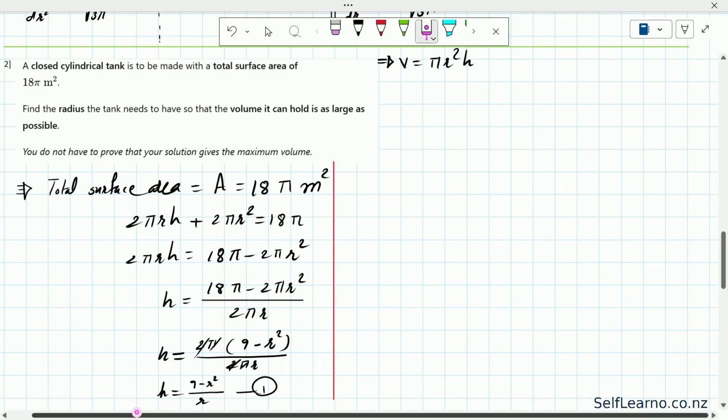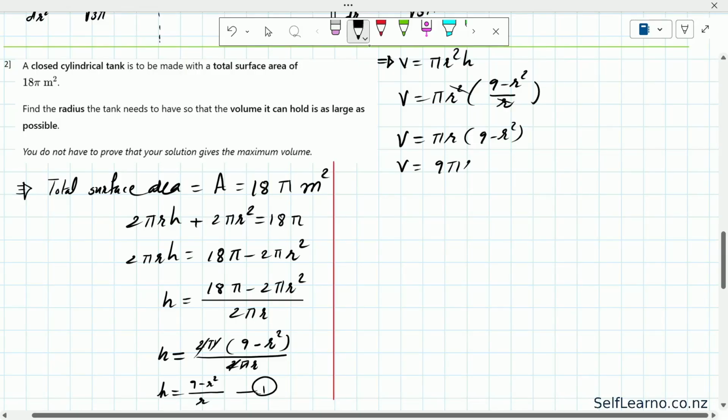Now I can plug in this value of h over here. So h will be eliminated. V is pi r square, and the value of h is 9 minus r square over r. These are cancelled. So I get V is equal to pi r times 9 minus r square. We can multiply this pi r in the bracket. So we get 9 pi r minus pi r cube. So now V is purely a function of radius.